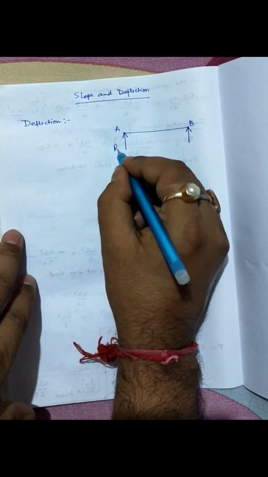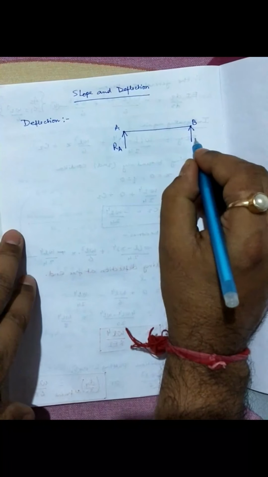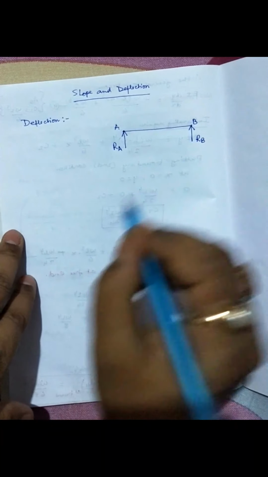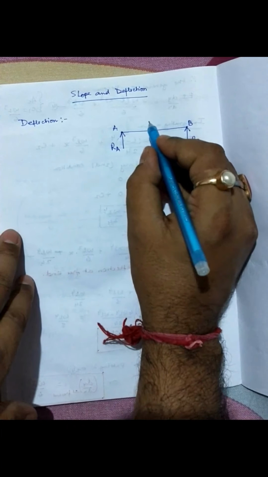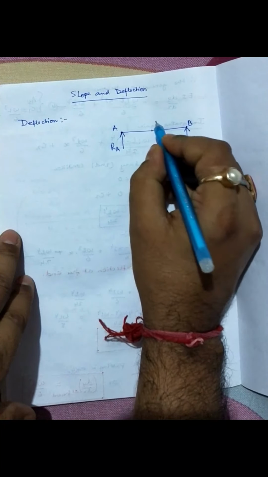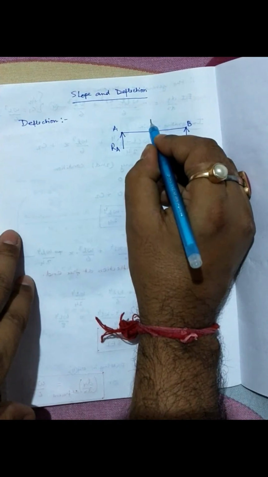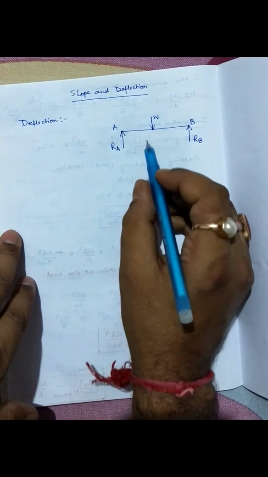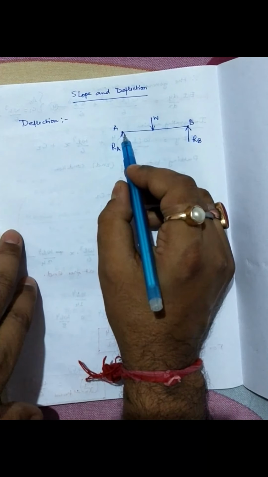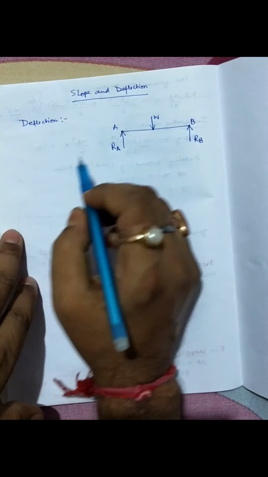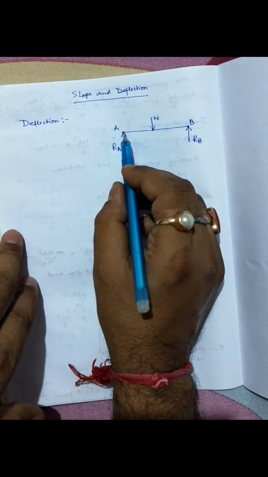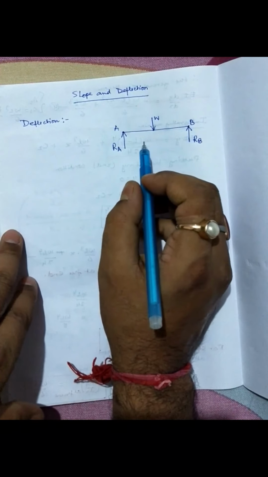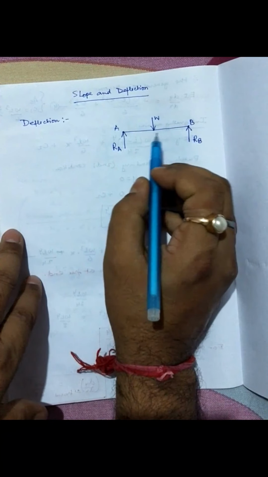Obviously the reactions acting at point A and B will be RA and RB. Suppose at the mid span of the beam there is a load denoted by W. Let us consider that the beam is elastic in nature.